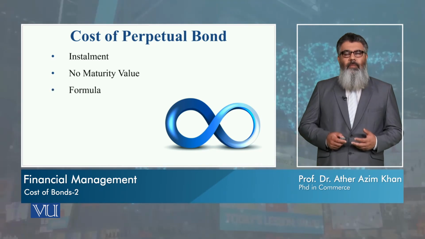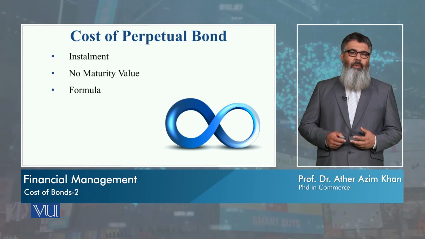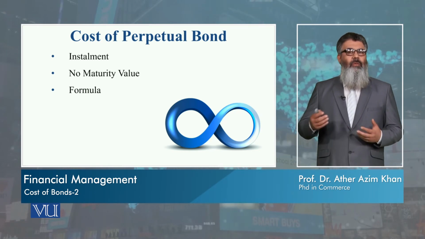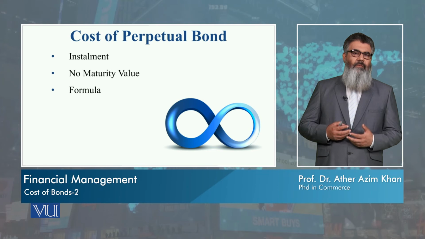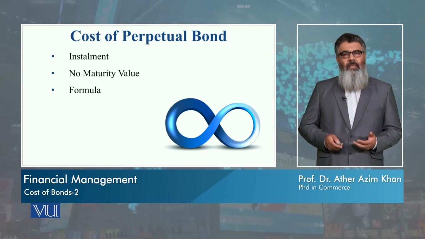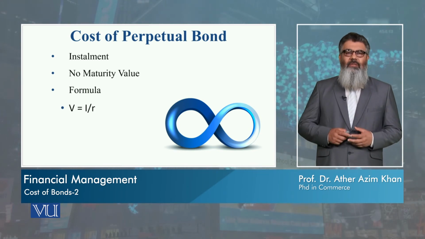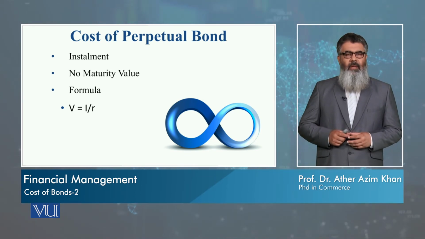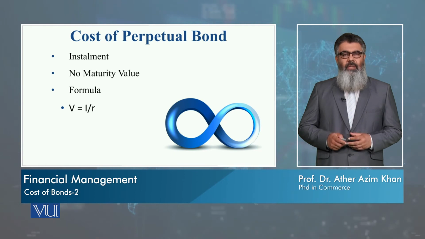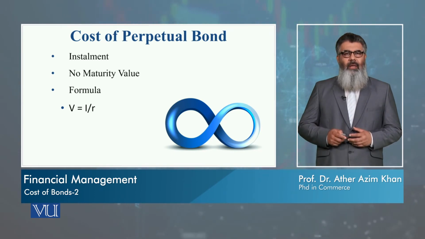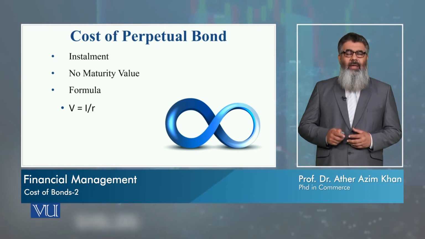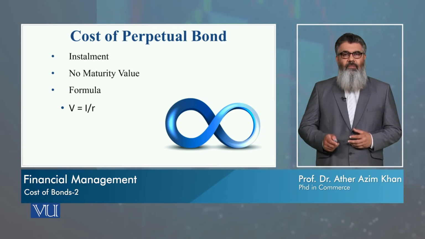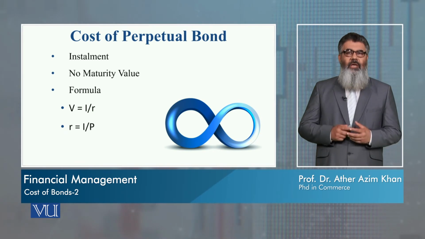Again, we use the formula of what is called perpetuity. हमने ये perpetuity की discussion अपने initial modules में, जहाँ हमने time value of money को पढ़ा है, वहाँ बहुत डिटेल से कर चुके हैं. So this is the formula of calculating the value of such a cash flow stream where there is no maturity. यहाँ पर भी हमें क्योंकि कॉस्ट को डिटरमिन करना है, यानी रेट या आर की वैल्यू डिटरमिन करनी है, तो हम इस फॉर्मूले को फिर थोड़ा सा रीशेप कर देंगे.